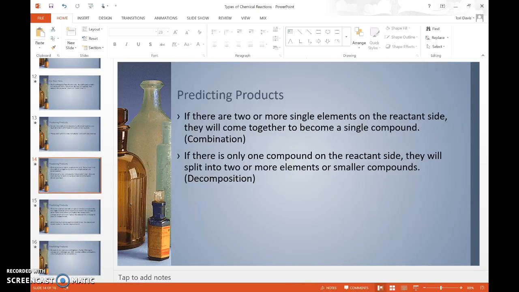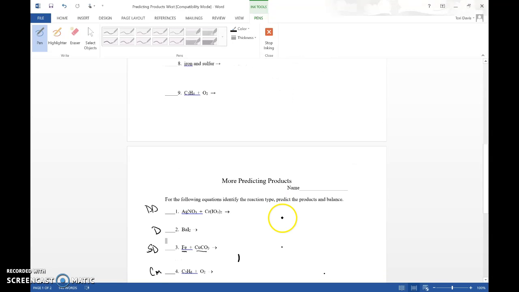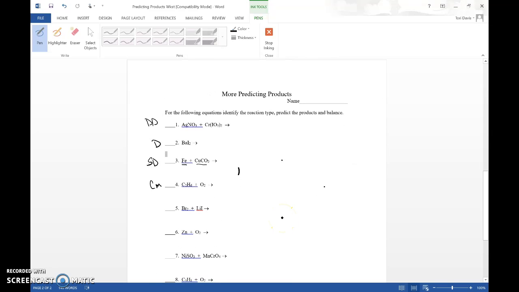So coming back over. Next thing, if there's only one compound on the reactant side, that will split into two or more elements or smaller compounds. So decomposition kind of gets a little bit more challenging. So we'll come over here. Okay. So here's our decomposition.